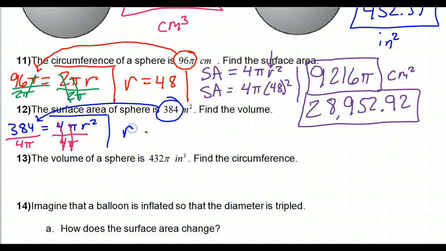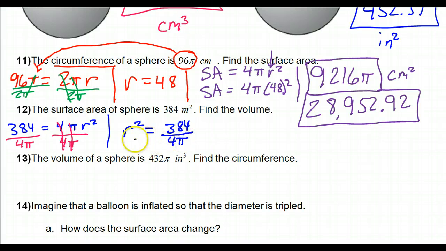So far, I've got that the radius squared is equal to 384 over 4 pi. Now, if I want the radius not squared, then I need to take the square root of both sides, like this. Okay, so that's going to tell me that the radius is all this.